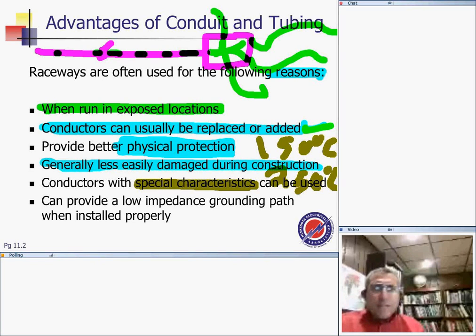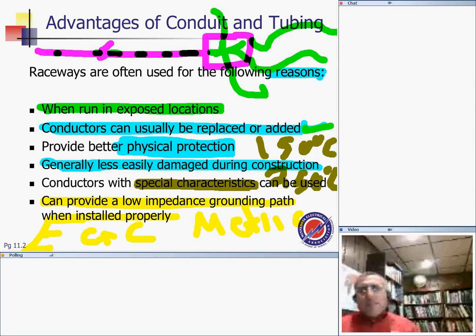And another very good advantage, guys, is that conduits can provide low impedance to ground. This is only an advantage for metallic conduits. I can't emphasize enough, this is only for metallic conduits. If you have metallic conduits, you do not need an equipment grounding conductor.